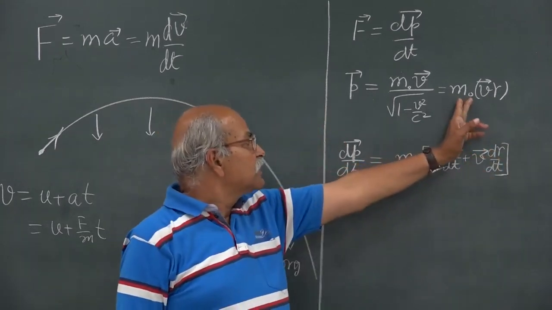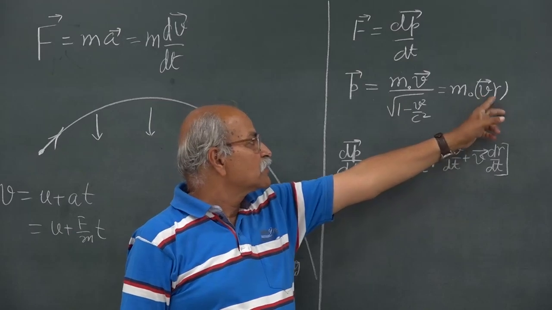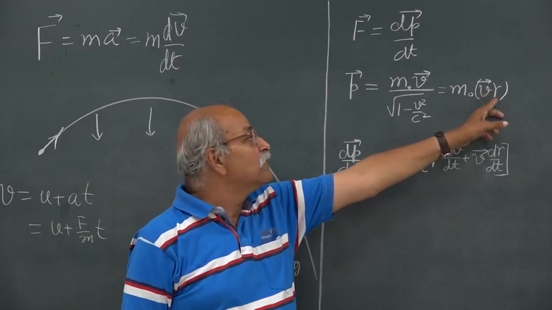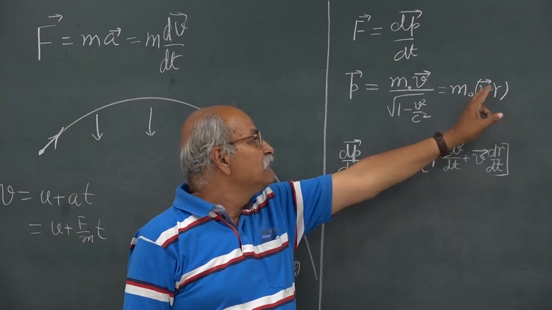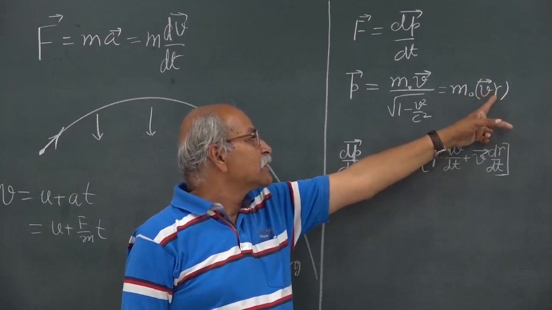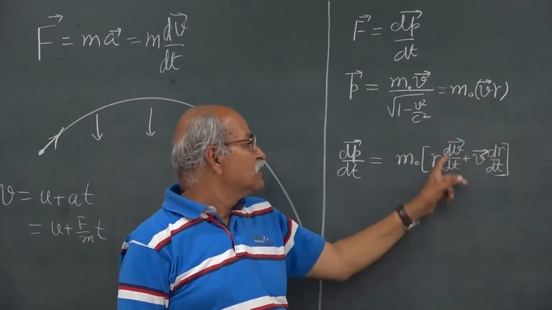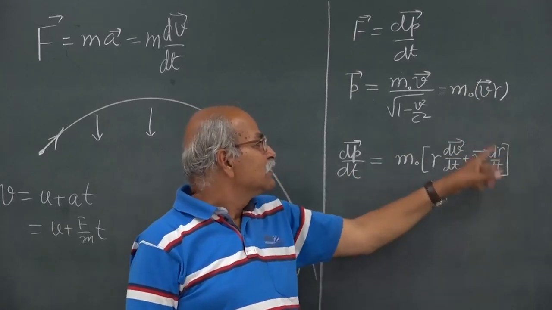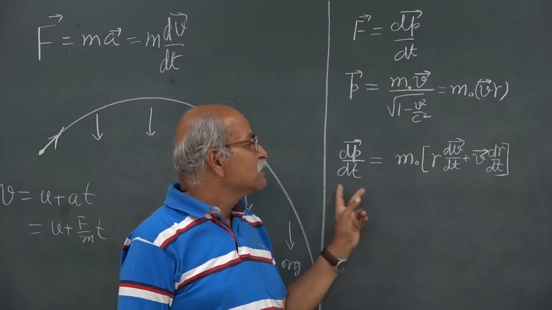Just differentiation of these quantities: the product of two quantities, both depend on v, and v depends on time, and therefore you have that product rule which gives gamma dv/dt plus v d gamma/dt. That is dp/dt.